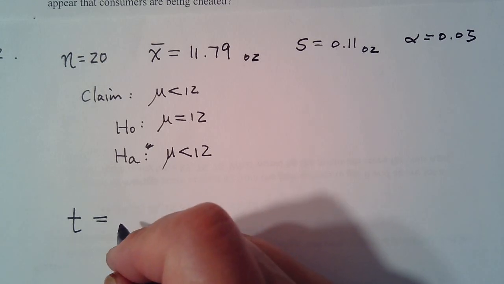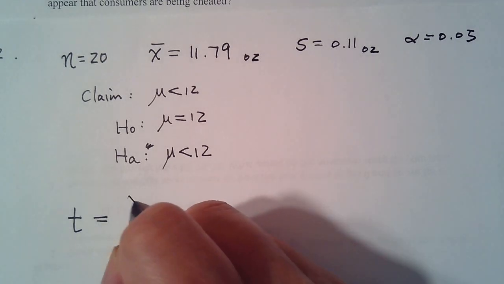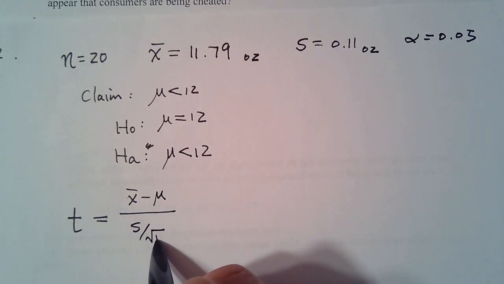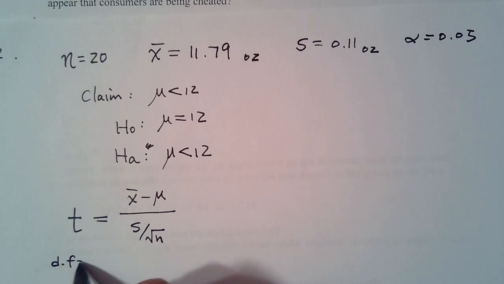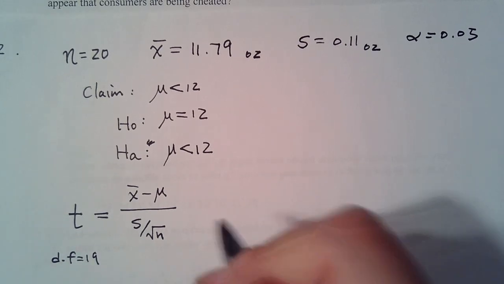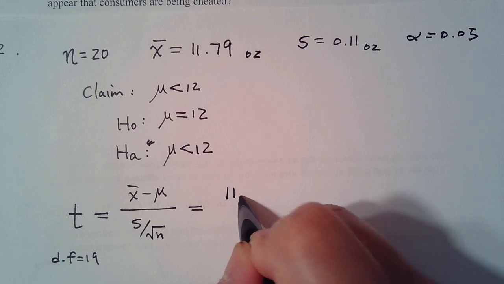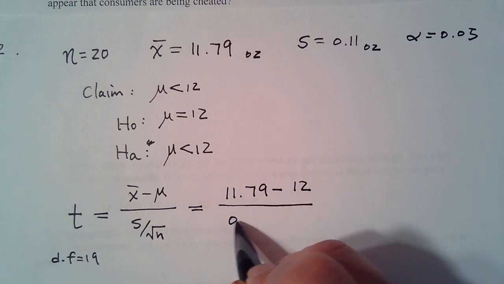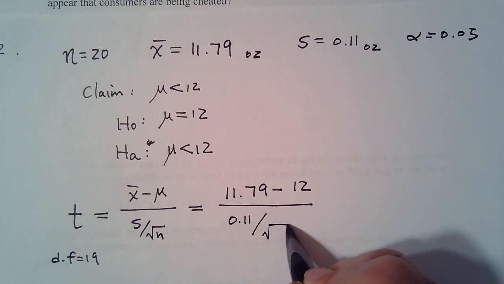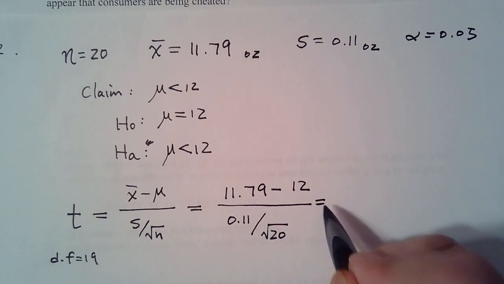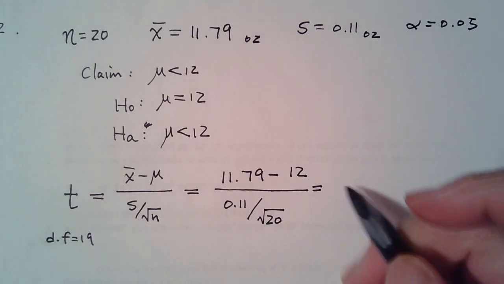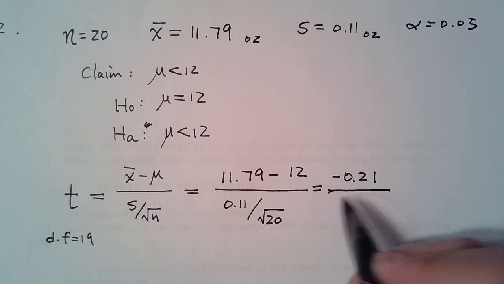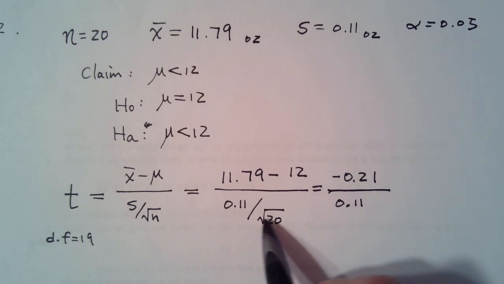So I need to calculate t, which is x-bar minus mu over s over square root of n, with df equals 19. Now let's do the calculation first. That's 11.79 minus 12, divided by 0.11 over square root of 20. The numerator 11.79 minus 12 is negative 0.21, divided by 0.11 over square root of 20.